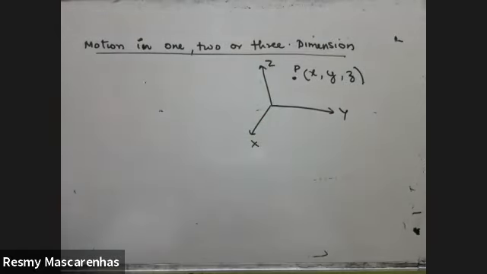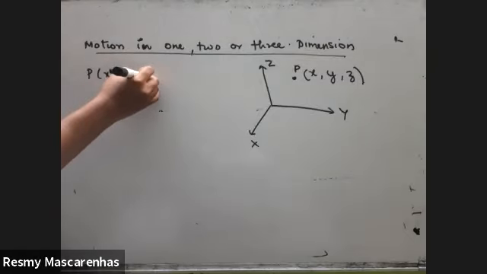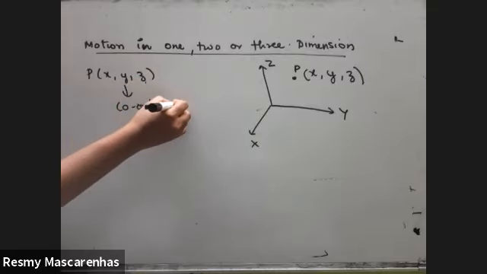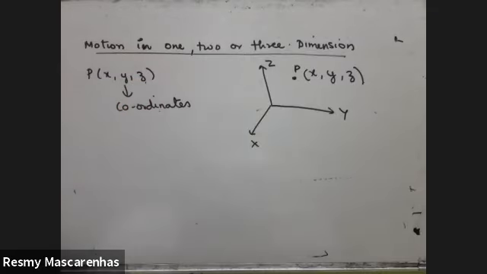So any point P is (x, y, z). So these are called coordinates. Now this point means this.